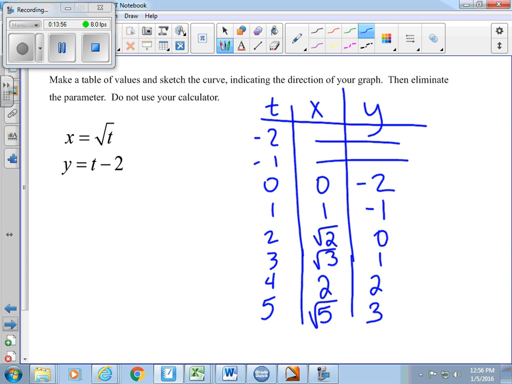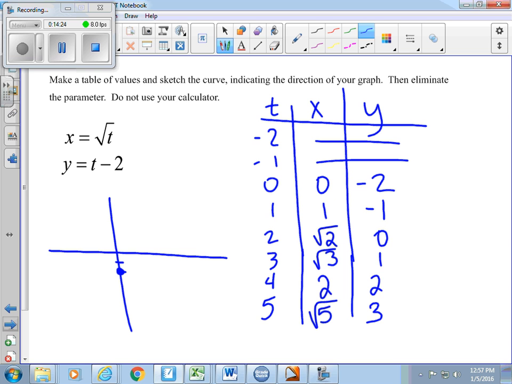Now, if I were plotting these points, I would probably plot just the ones that made whole numbers, maybe the x-intercept and y-intercept as well. So at t equals 0, I'm at the x value 0, y value -2.